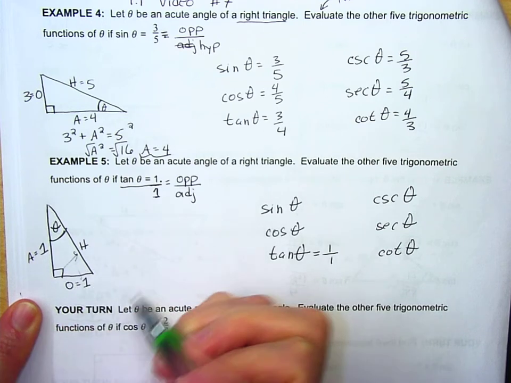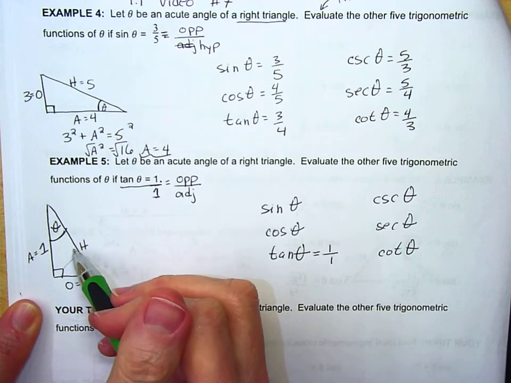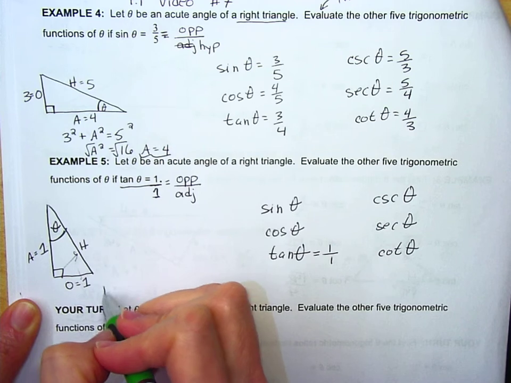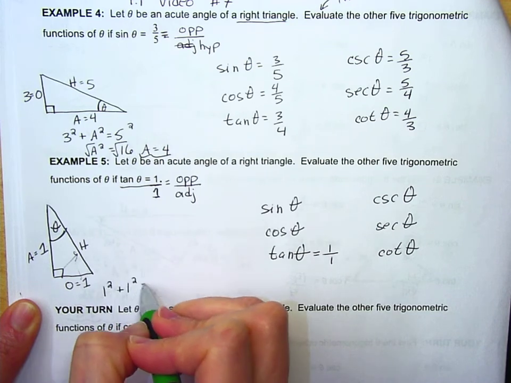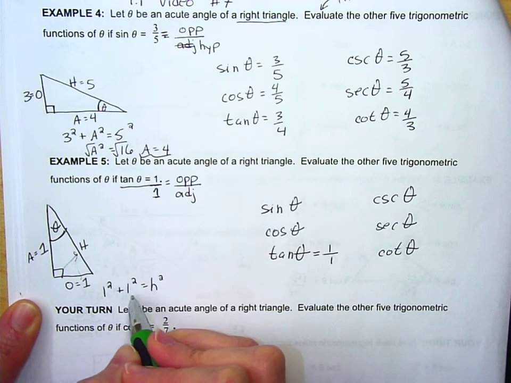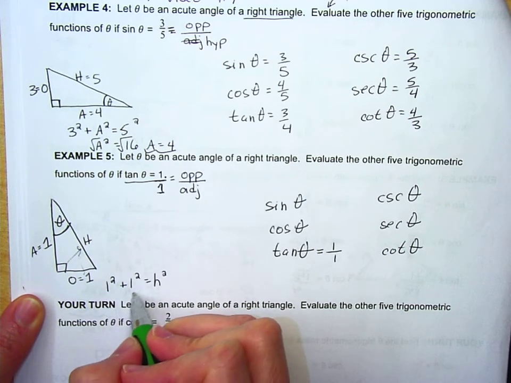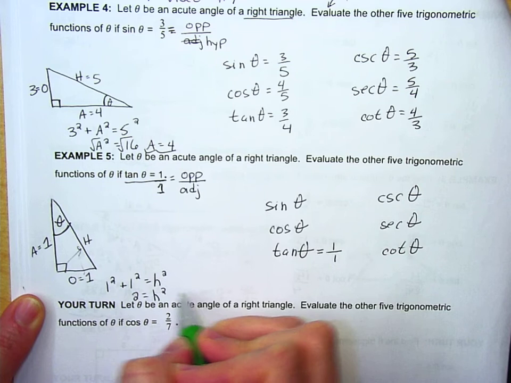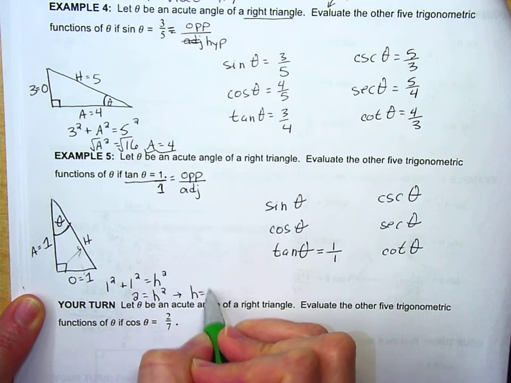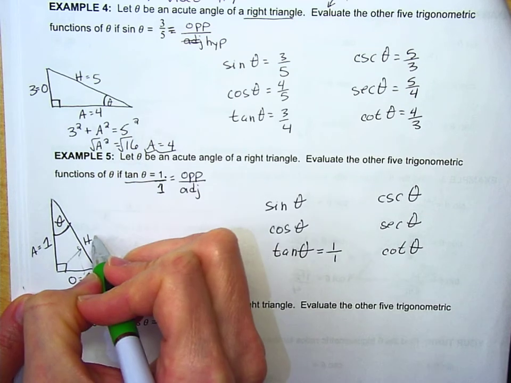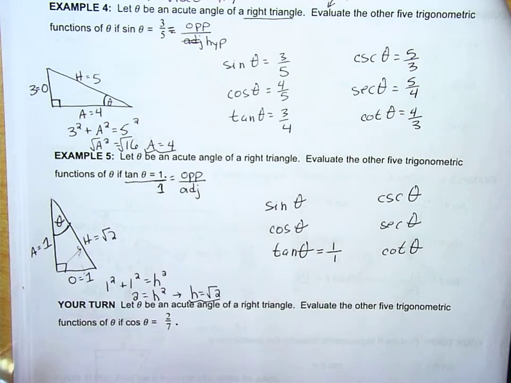And that's going to have a length of 1 also. And hypotenuse is going to be 1 squared plus 1 squared equals h squared. Be careful, that's not going to be 1. This is 1 squared is 1, 1 squared is 1. So this is going to be 2 equals h squared or h equals the square root of 2. So my hypotenuse is square root of 2.